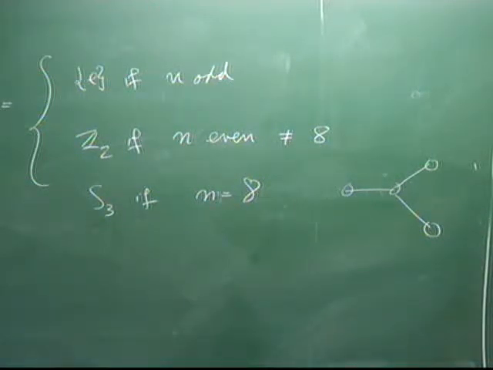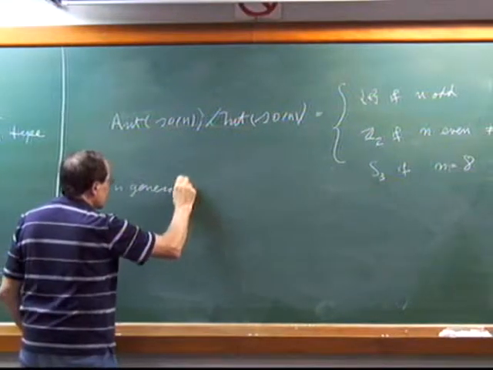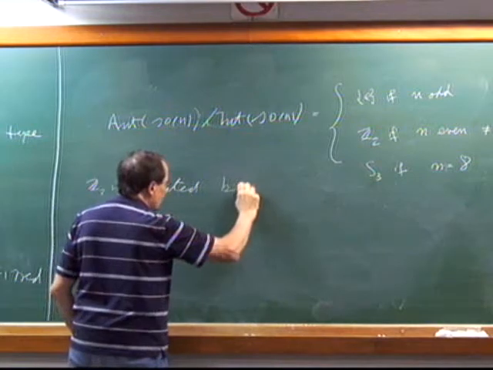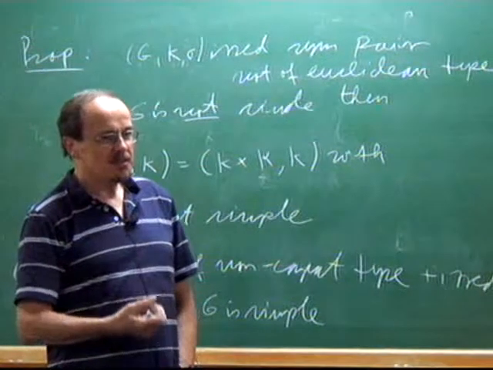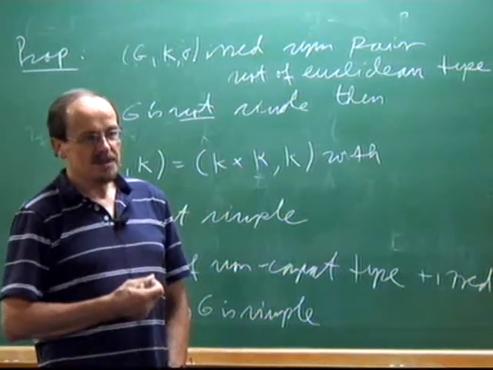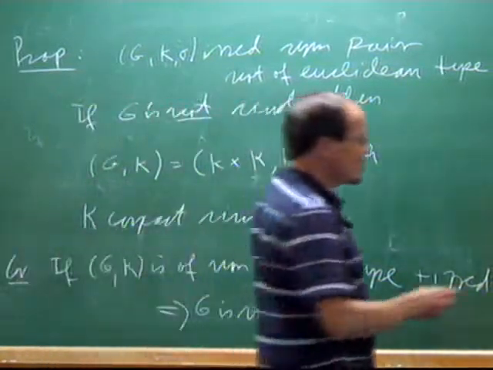What is Z2? I claim Z2 is generated by something we saw. What is it? The out mod int for SON is Z2, and I want a generator of that Z2. The conjugation by -1. Right. So, correct.